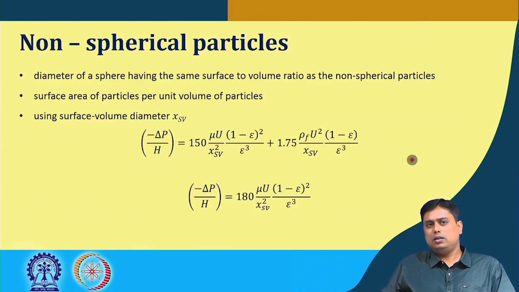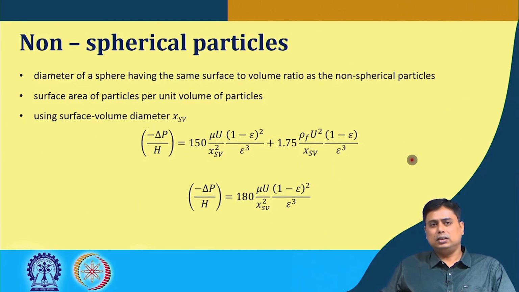So, we use the surface volume diameter here. Now you remember in the initial classes we defined several types of diameter and solved one problem related to this Ergun equation, and we mentioned what could be the appropriate mean diameter to choose while solving the Ergun equation for non-spherical particles.